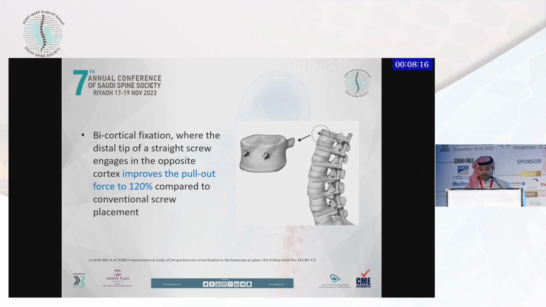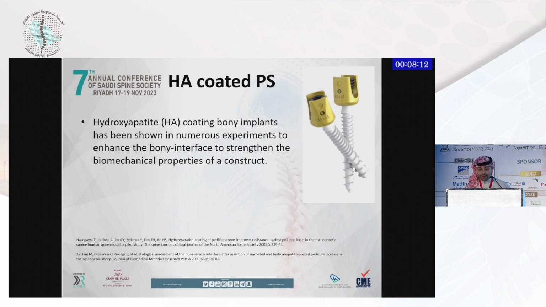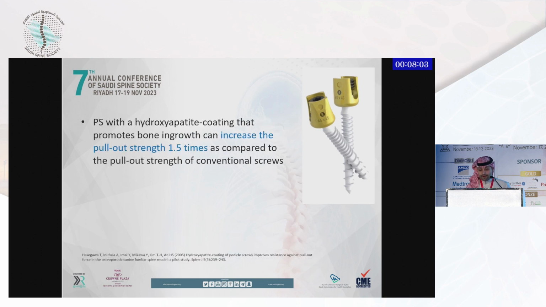Bicortical screws improve the pull-out strength up to 120%. Hydroxyapatite pedicle screws increase the biomechanical properties of the construct, and increase the pull-out strength by 1.5% compared to the conventional screws.